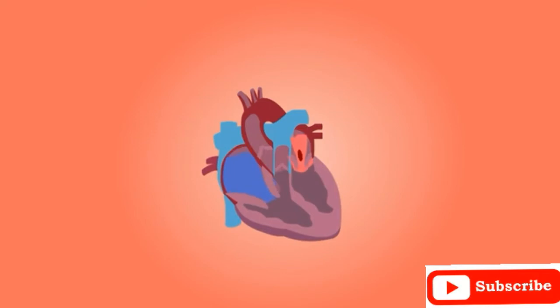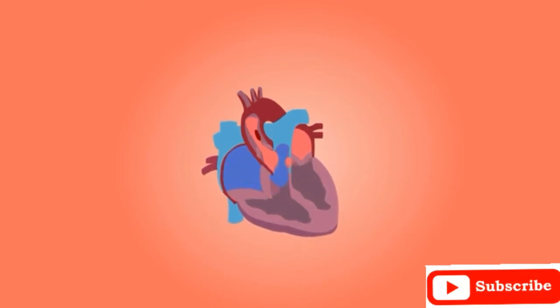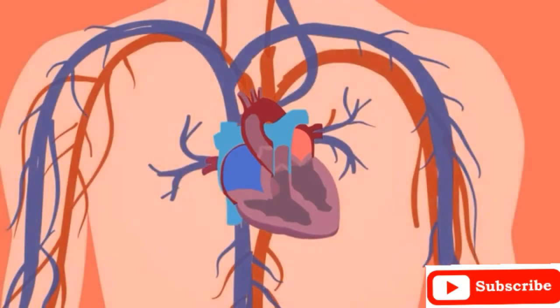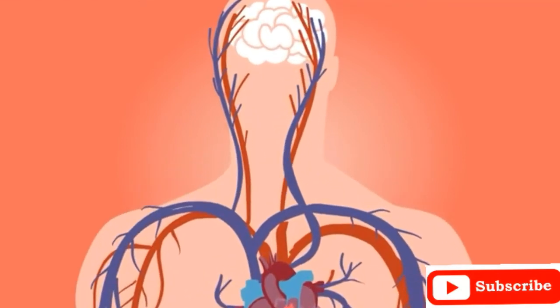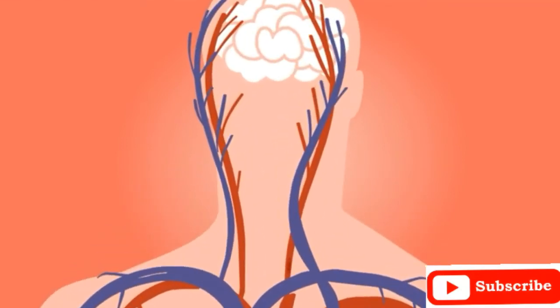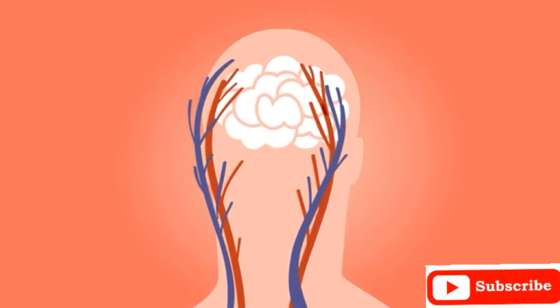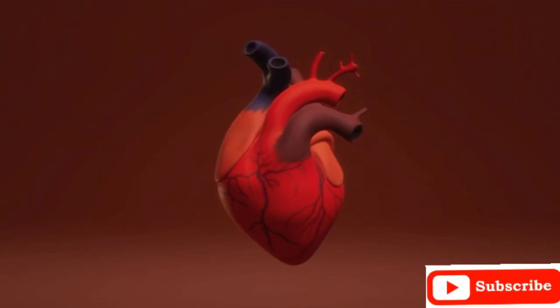So now we'll talk about the valves of the right ventricle. The tricuspid valve guards the atrioventricular orifice opening. It consists of three cusps formed by a fold of endocardium with some connective tissue enclosed: the anterior cusp, septal cusp, and inferior posterior cusp.